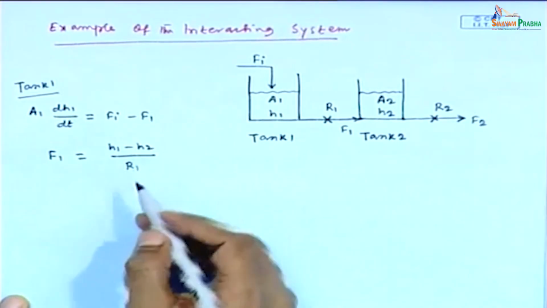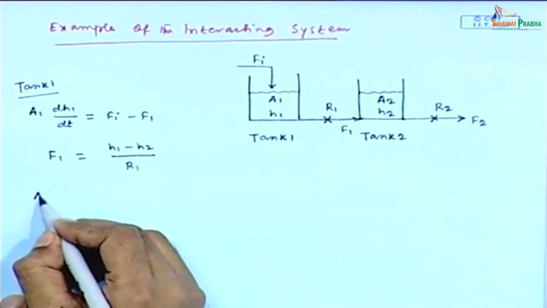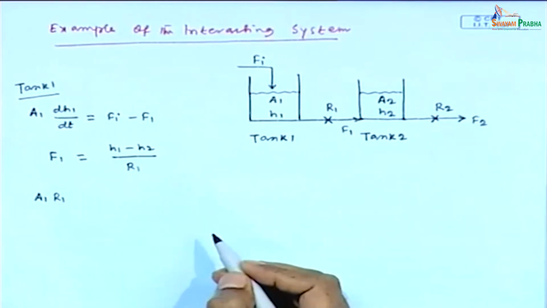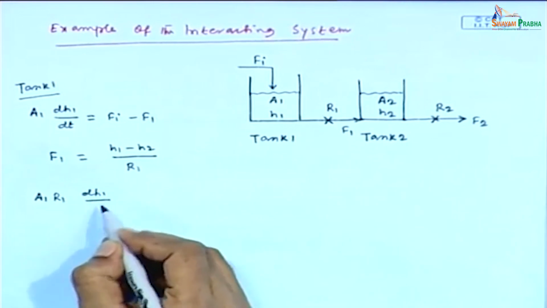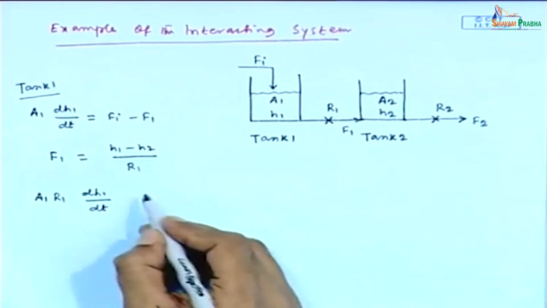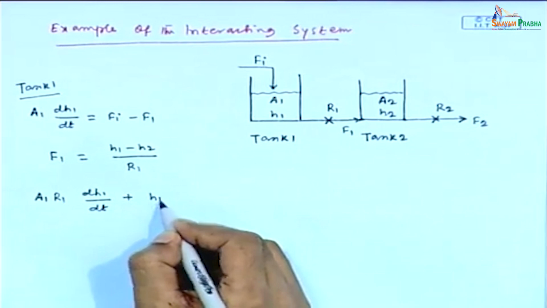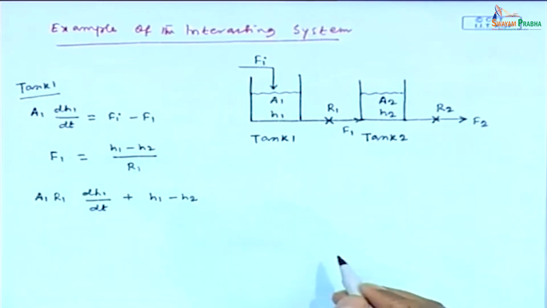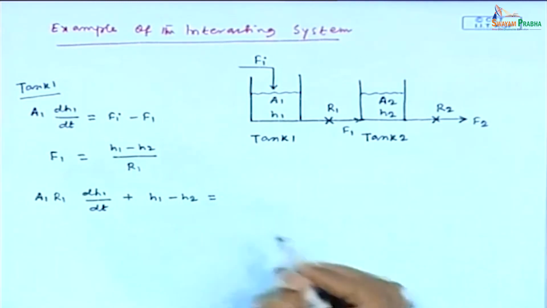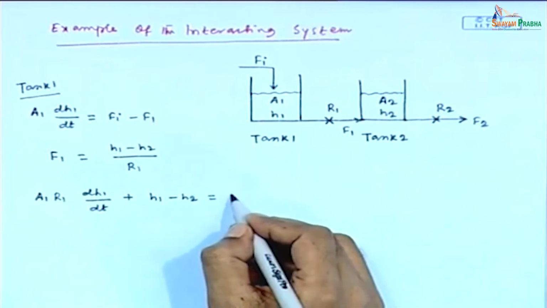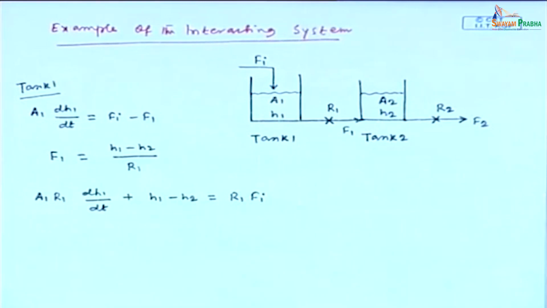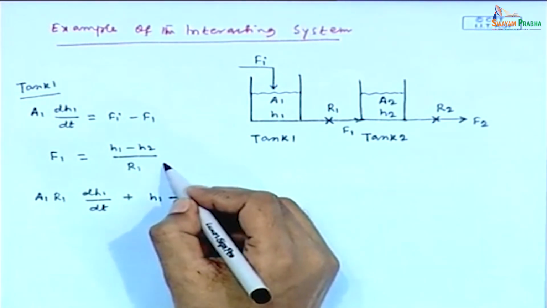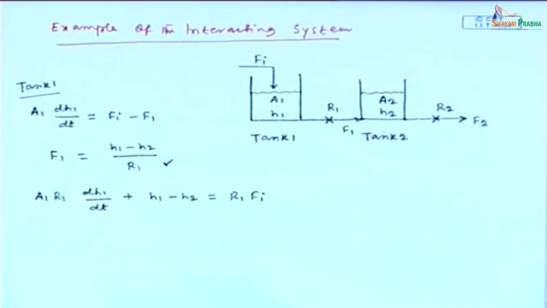So, if we substitute this, then we obtain A1 R1 dH1/dt plus H1 minus H2 equals R1 Fi. If we substitute the expression of F1 in the modeling equation, then we get this equation.